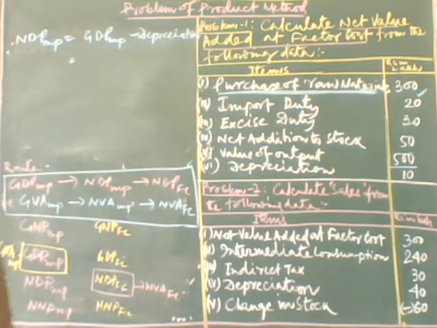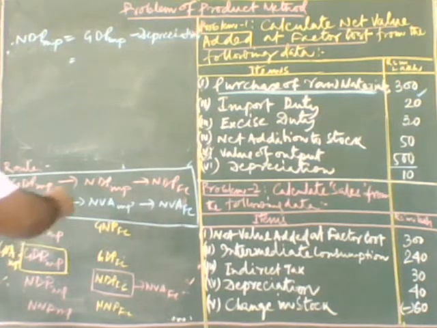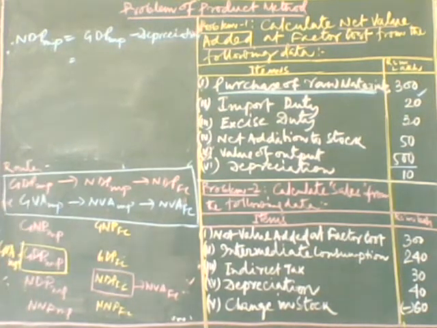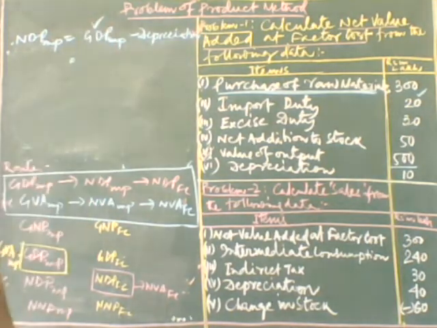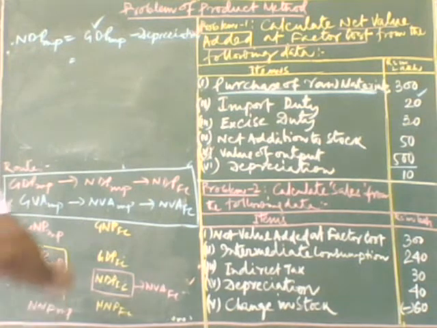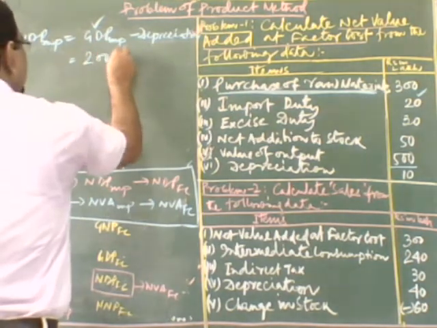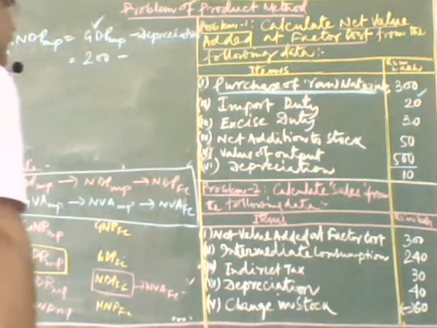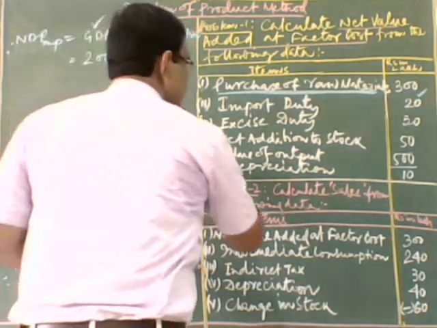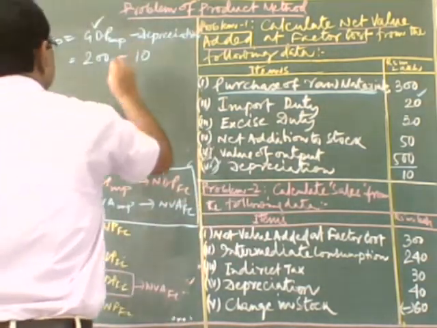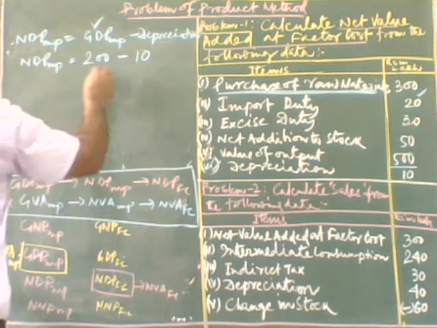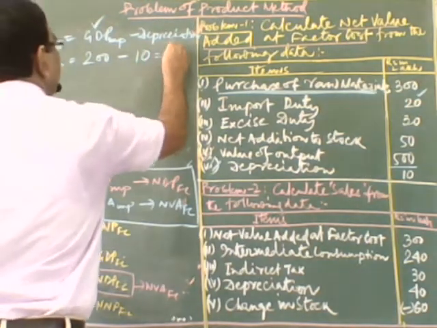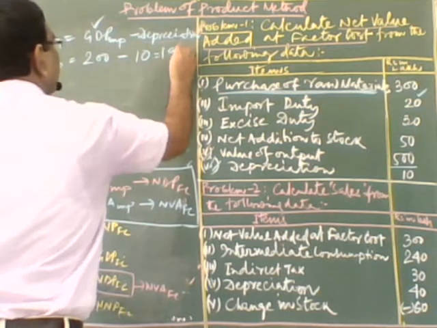GDP at market price is equal to GVA at market price, that is 200, minus depreciation, which is already given. That value is 10. Therefore, NDP market price is 190.